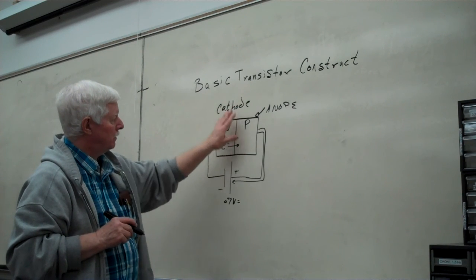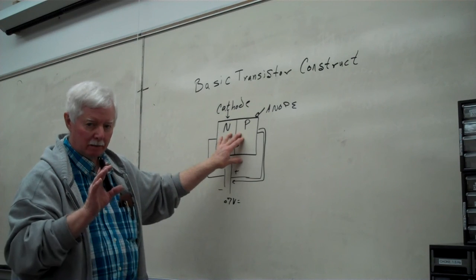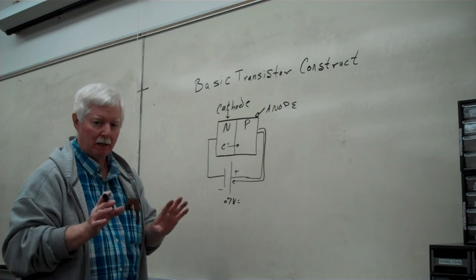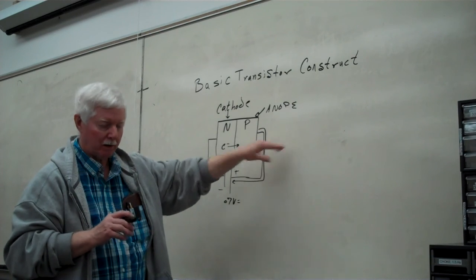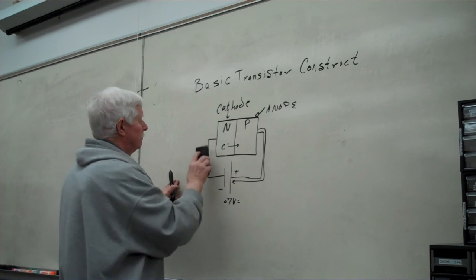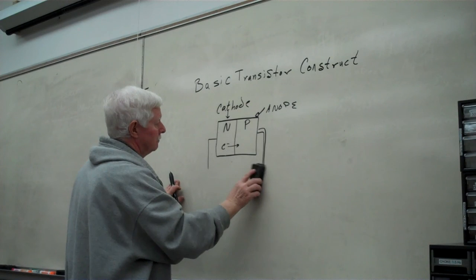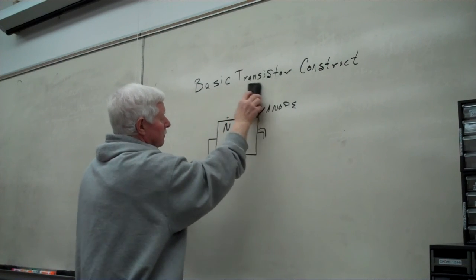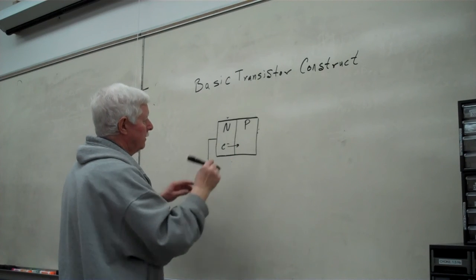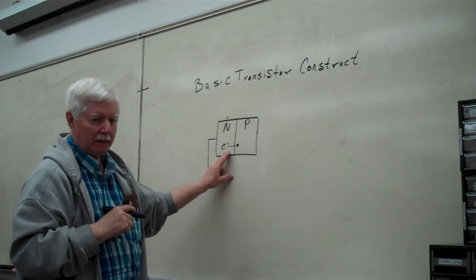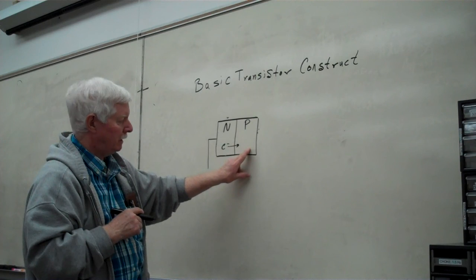This is going to be the basis for our understanding of transistors. So let's see how we can take this device and convert it into a transistor. We're going to start out with the N, and we have a P-type material.